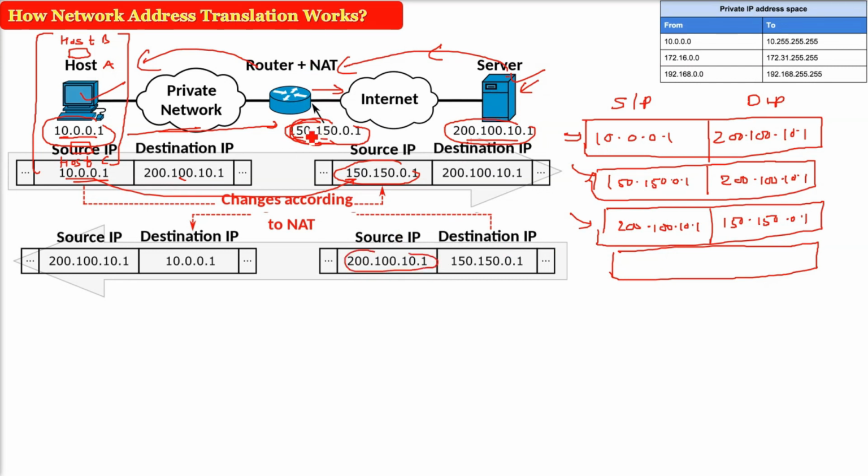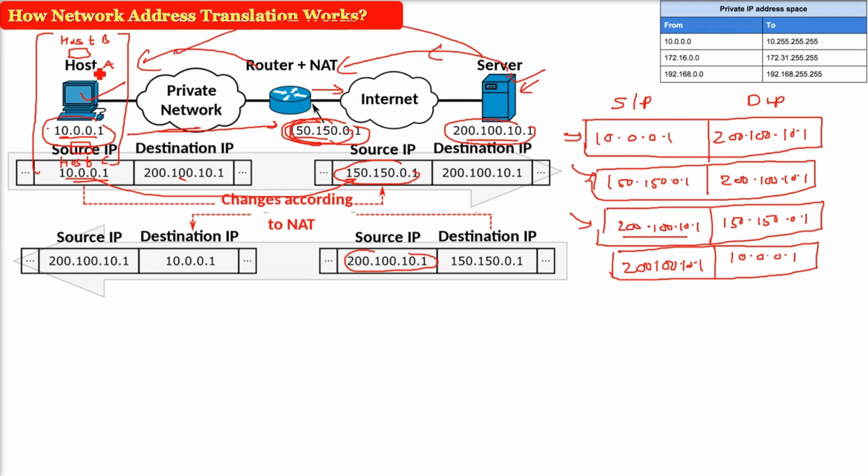Finally, when the router delivers the packet to the required host, along with the port number, the source will be, of course, the server 200.100.10.1, and now it will change the destination IP to 10.0.0.1 so that it reaches the proper host with the proper port number.